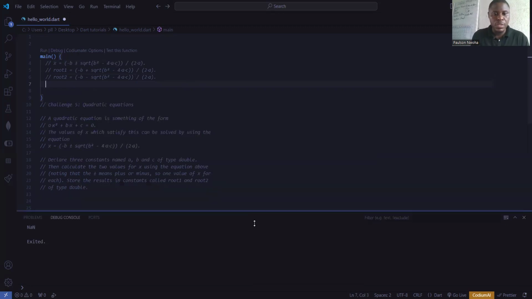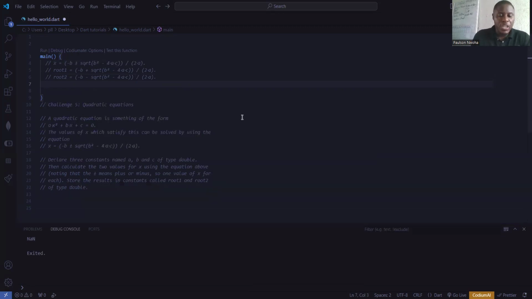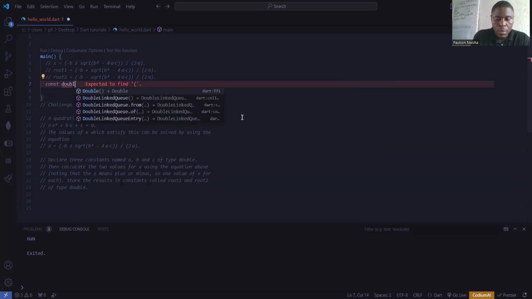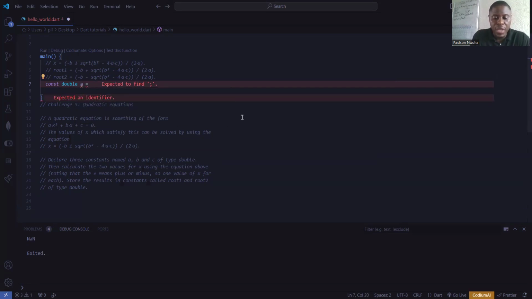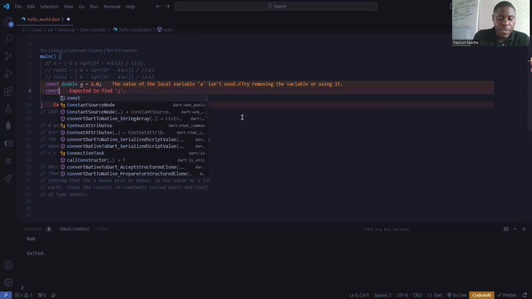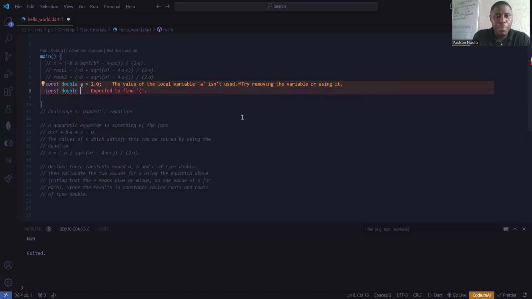Okay, I have to bring this thing down. All right, so first of all, we'll declare constants. They are of type double. First one is a. A should be, let's say we give a 2.0, we give b, our b should be big, okay, so that we don't run into problem with the square roots of a negative number.